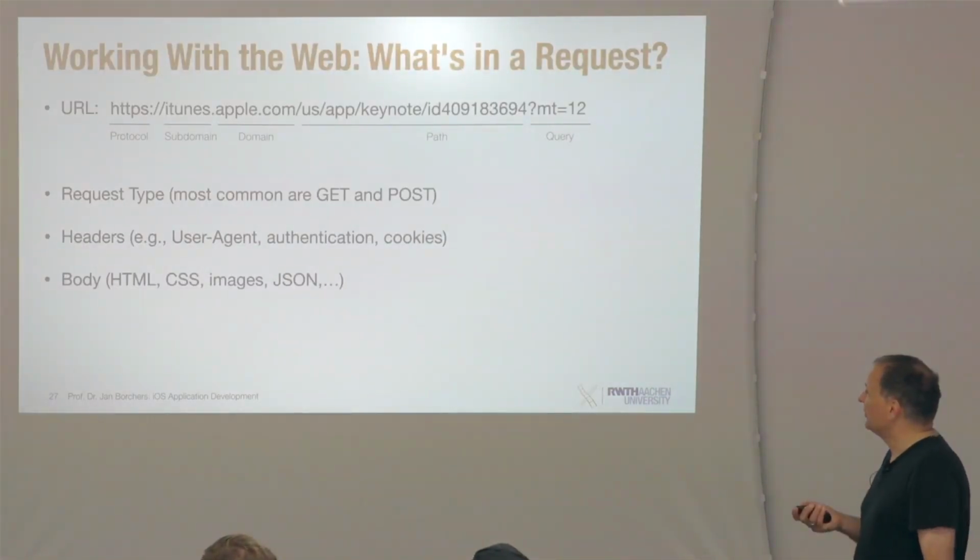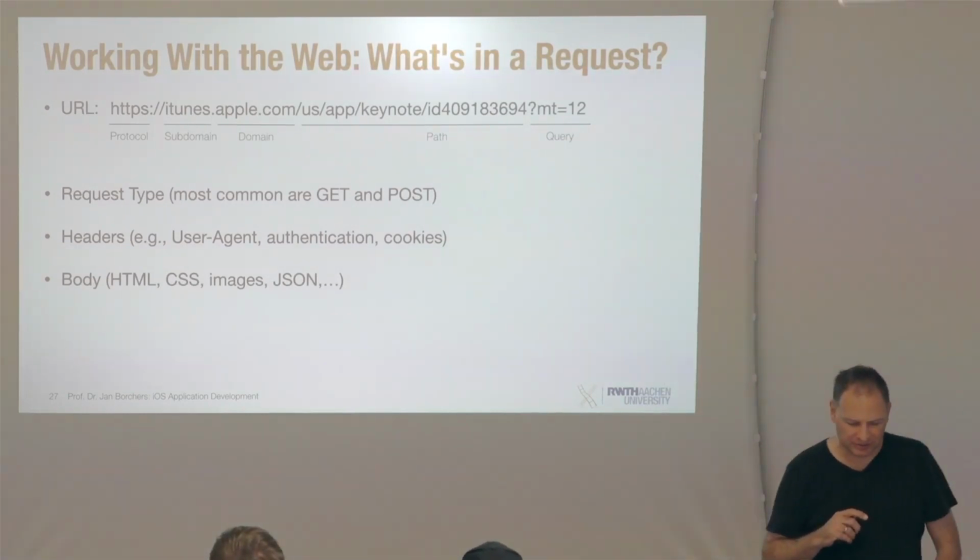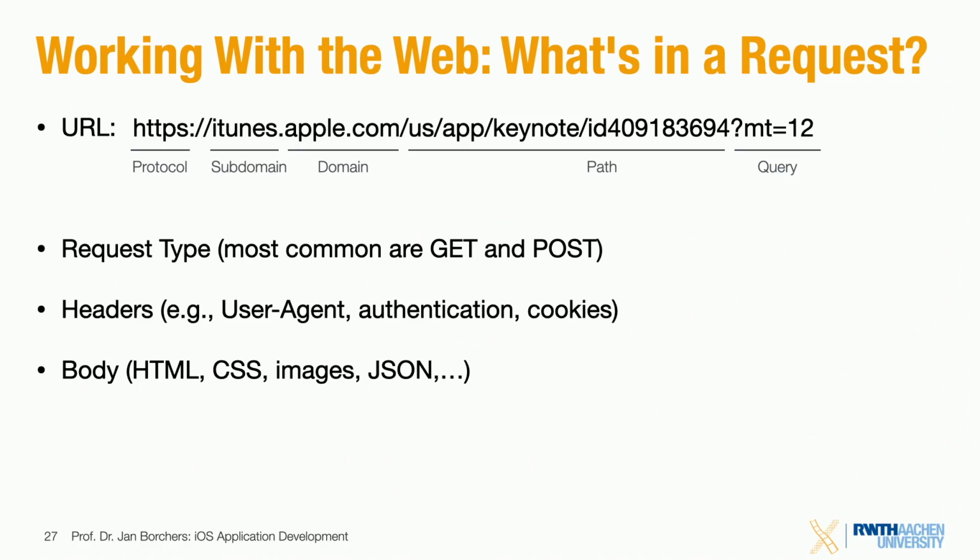You're all aware of URLs, but maybe you haven't quite taken a detailed look at what's in there. Of course, if you access anything on the web, you need a URL. So what does it consist of? Well, there's a protocol, which is usually HTTP or HTTPS these days, but it could be something else. Then there is the domain, which is something like apple.com, plus possibly in front of that the subdomain, like itunes in this case.